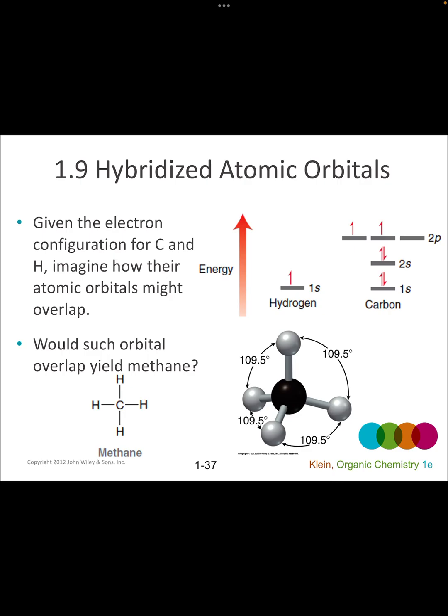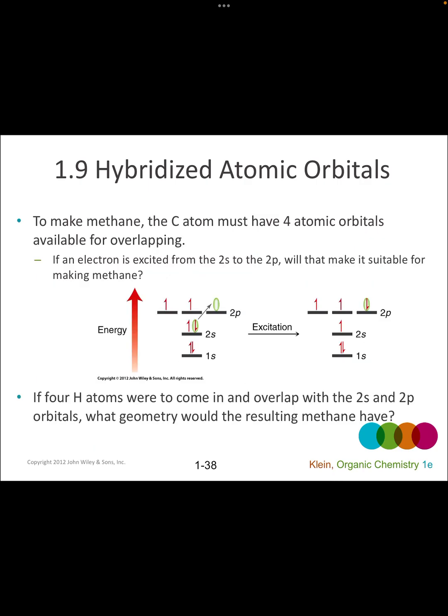And then you could do the same with the second 2p orbital that has an electron in the carbon atom, but then that's it. You run out of orbitals that have just a single electron in them, which means you would think carbon could only form two bonds, but we know for sure that carbon forms four bonds like methane, because we believe in methane.